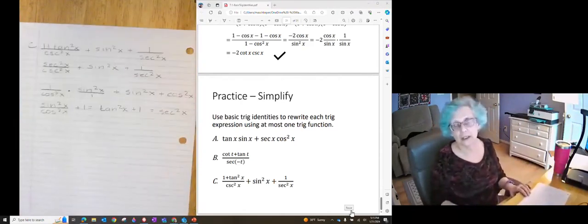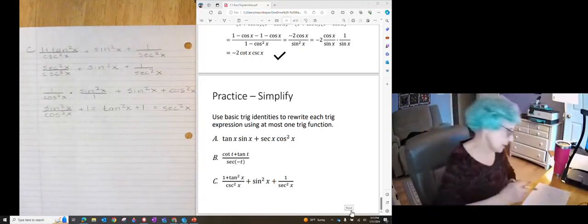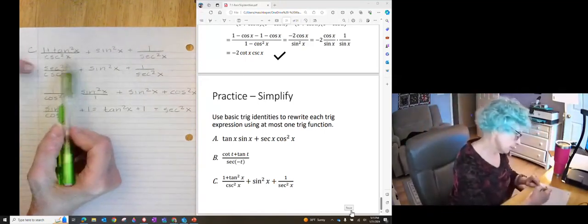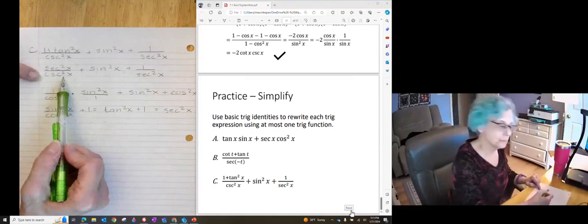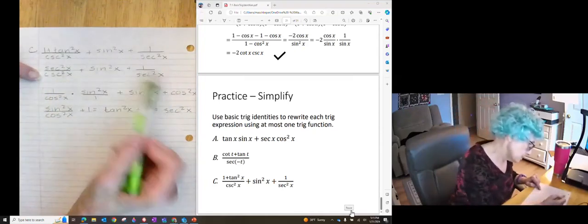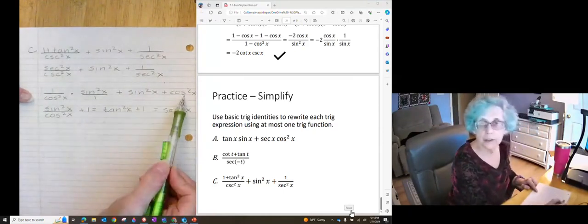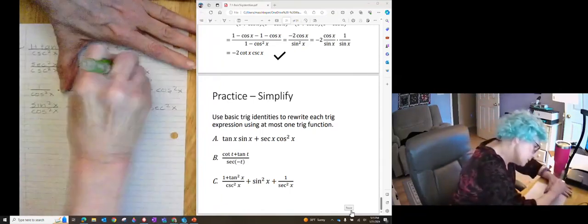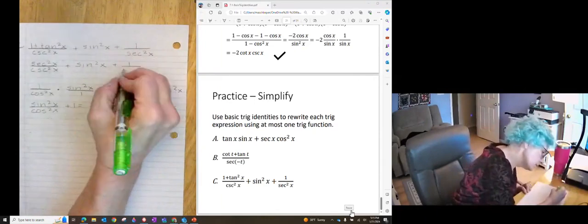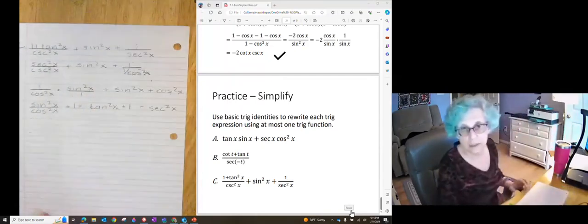I figured I'd need a whole other sheet to do the last one. So I have 1 plus tangent squared, which is secant squared, over cosecant. I just wrote those down again. 1 over secant squared is cosine squared, so I could have written this as 1 over cosine squared of x.